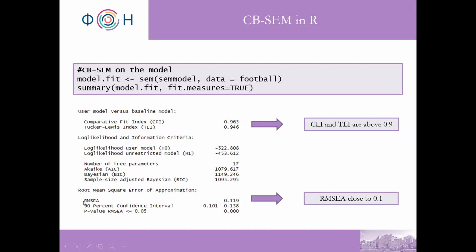However, we can see that our RMSEA is a little bit above the threshold, but as that difference is not that high, we can say that the model is of fine quality, taking into account the RMSEA.